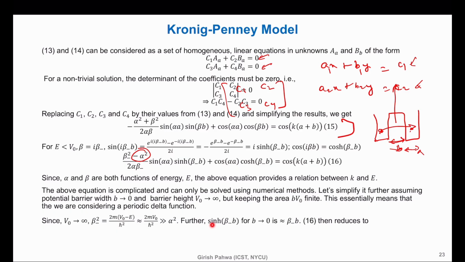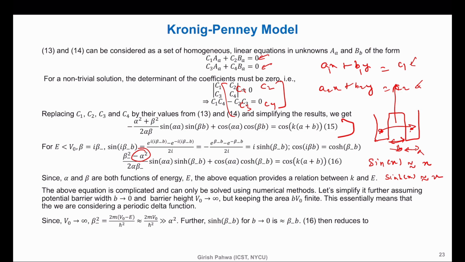The other thing: sine hyperbolic of beta minus b, when b is small, not 0, is approximately equal to beta minus b. Again it's a mathematical fact, similar to sine of x being approximately equal to x when x is small. It also holds for sine hyperbolic x.